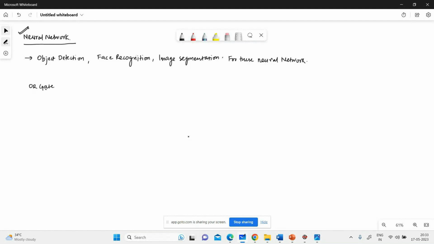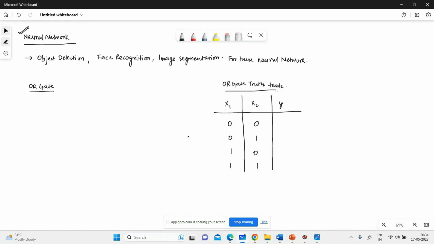What is the truth table for the OR gate? We will have features x1, x2, and the target value y. 0, 0, 0, 1, 1, 0, 1, 1. What are the outputs? What is the output of 0, 0? This is the OR gate truth table. 0. This will be 1, this will be 1, this will be 1.